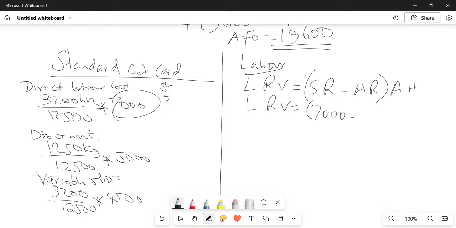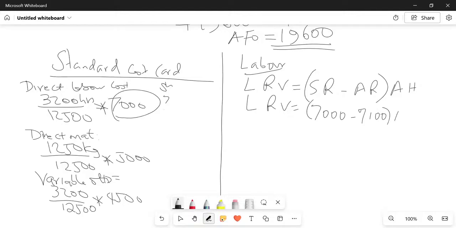Actual rate, I will take the actual labor cost divided by actual hours. Or is it given? At times they give us directly from the actual information given. Have they given us the actual rate per hour? 7,100.